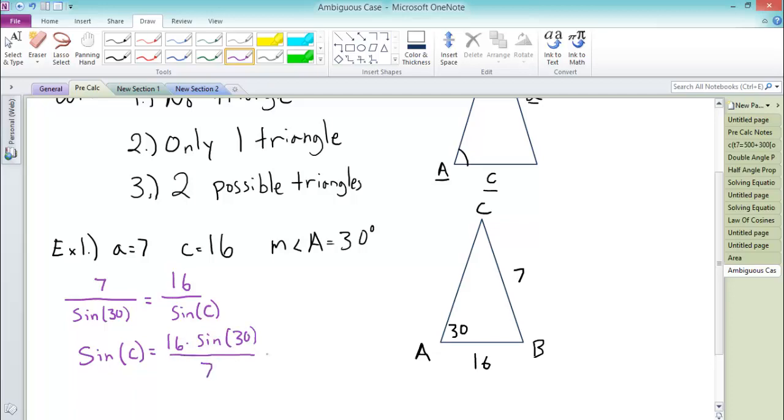The sine of 30 is just 1/2. That's 8 over 7, which comes out to be 1.428 when I typed it into my calculator.